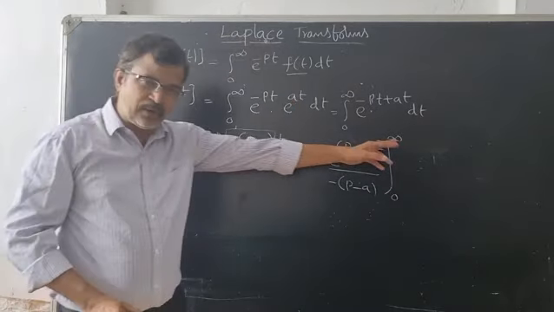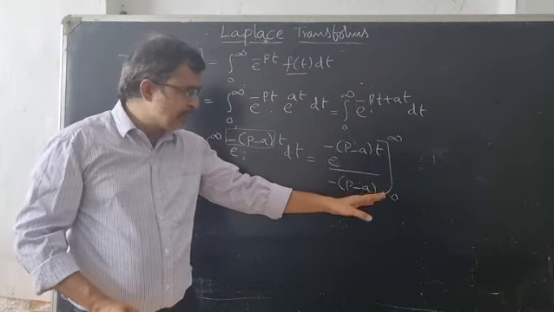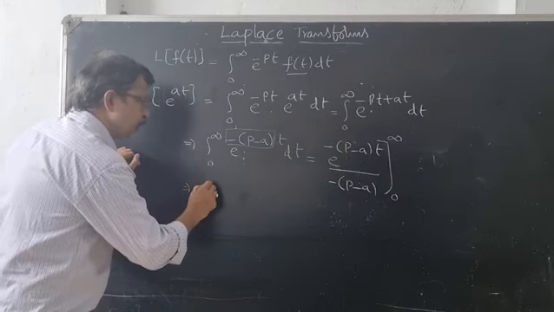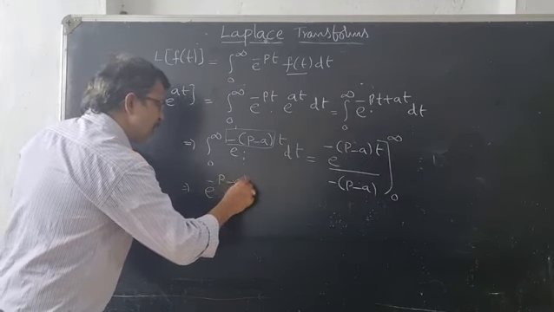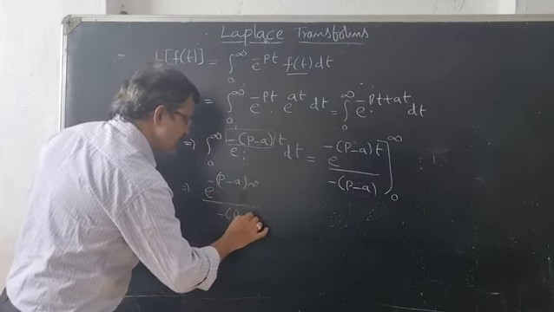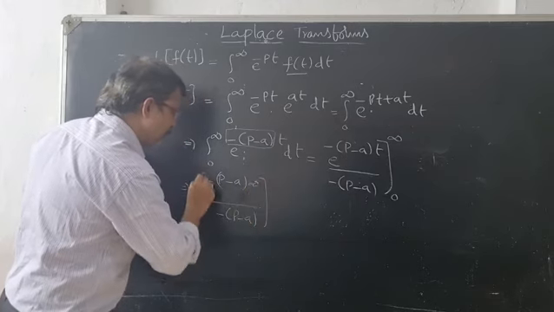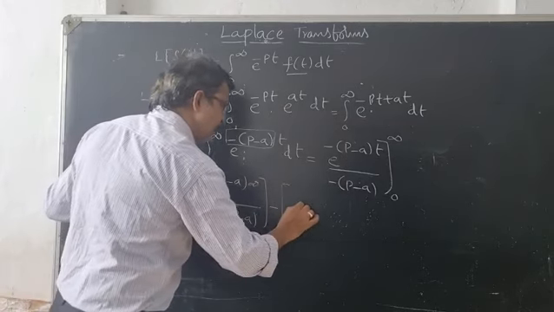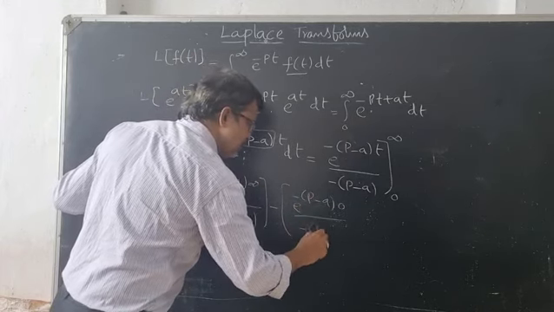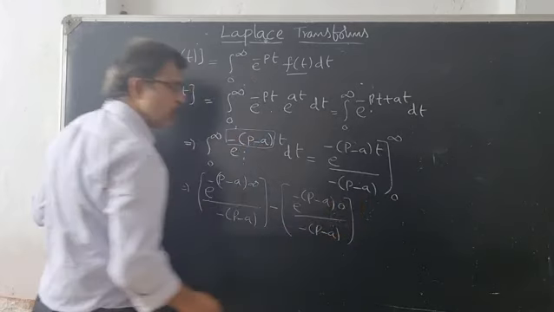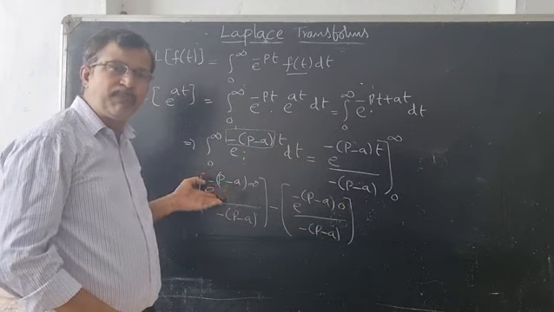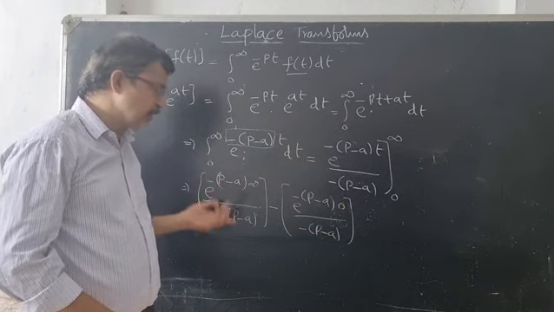First of all, you substitute the upper limit and then the lower limit: upper limit minus lower limit. See this one: e^(-(p - a) into infinity) by -(p - a) is the upper limit value, minus e^(-(p - a) into 0) by -(p - a), this is the lower limit value. The upper limit gives e^(-infinity), that is 0, and 0 by anything is 0.